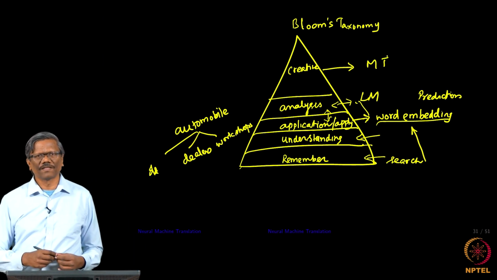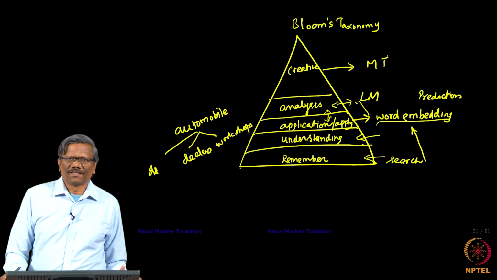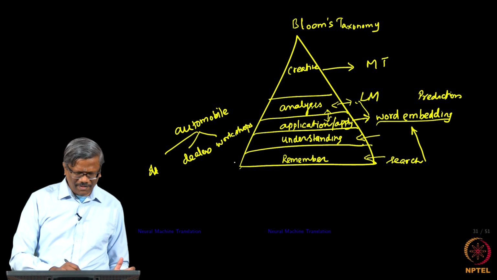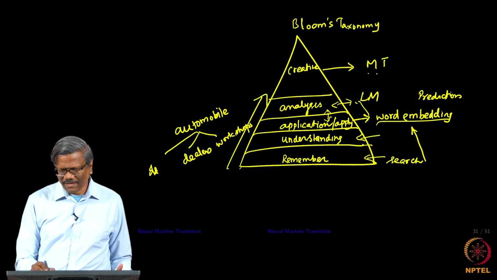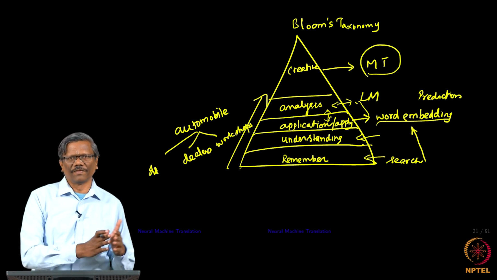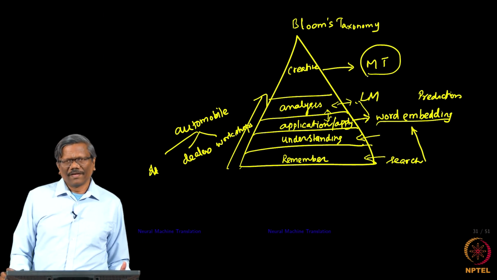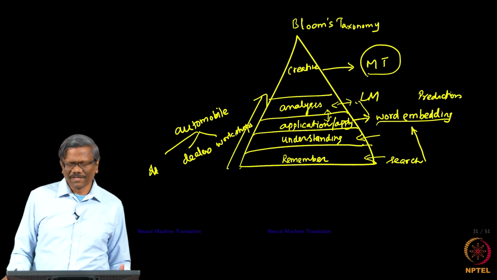The creative part is about writing your own sentences, ideas, and then based on what you have learned in the process. So, machine translation we can closely say that it is trying to be very creative when the system has learned the translations based on the parallel corpora.